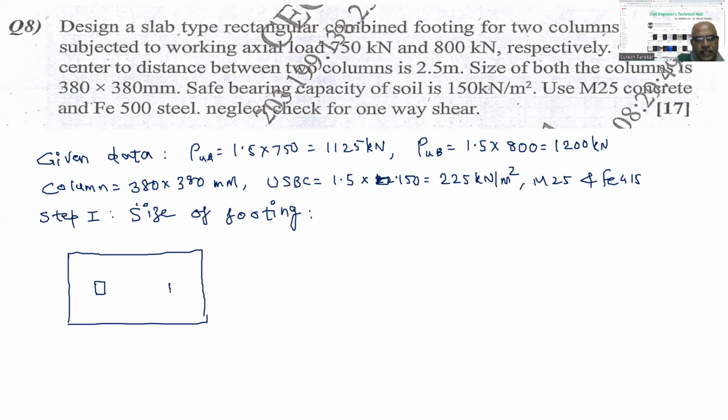When the load is the same, it is better to assume a projection beyond any one column of 1 meter. Generally, for the column with a lesser axial load, we can provide a projection beyond the column of 0.5 to 1 meter. So this is 1 meter. Then from center to center, we have given this distance as 2.5 meters.